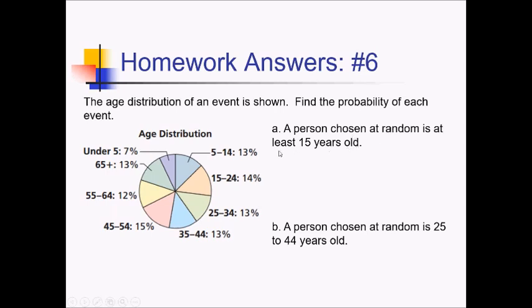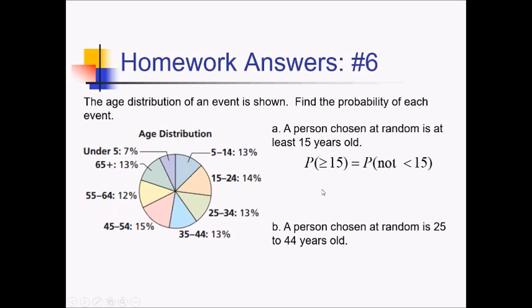Another way of saying at least 15 years old is greater than or equal to 15. We're basically saying that they're not less than 15. Greater than or equal to 15 covers a whole bunch of age groups, and there are way fewer groups that don't meet this criteria. So it's probably faster just to exclude the ones that don't meet the criteria.